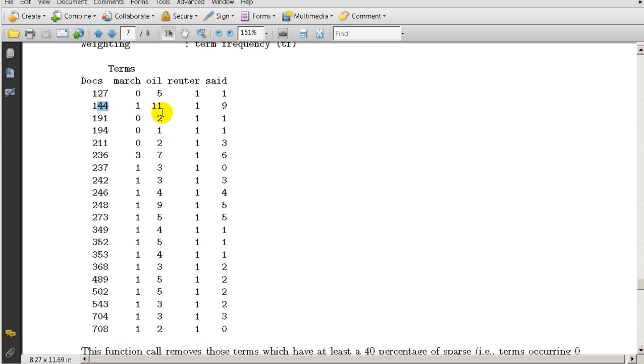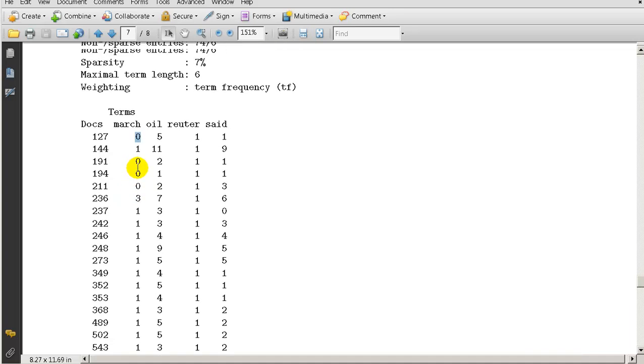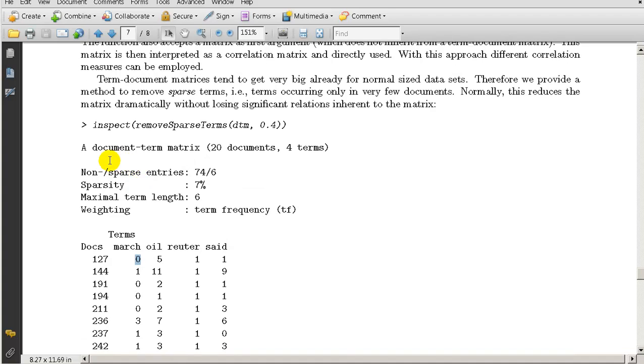And you can see that it actually occurred in every document. Now this word, March, did not occur in every document, but it did occur in all but 4 of them: this one, this one, this one, and this one. So that's 4 out of whatever, 20. So that was at least 60% of the documents. I'm sorry, at least 40% of the documents. So that's what that does.